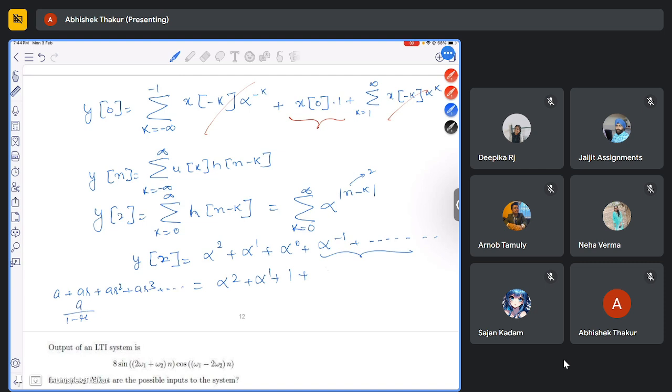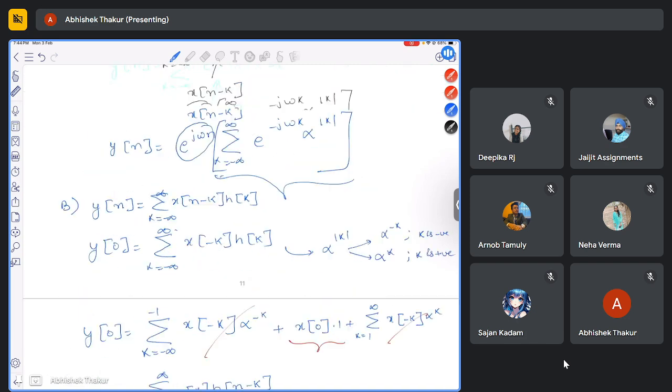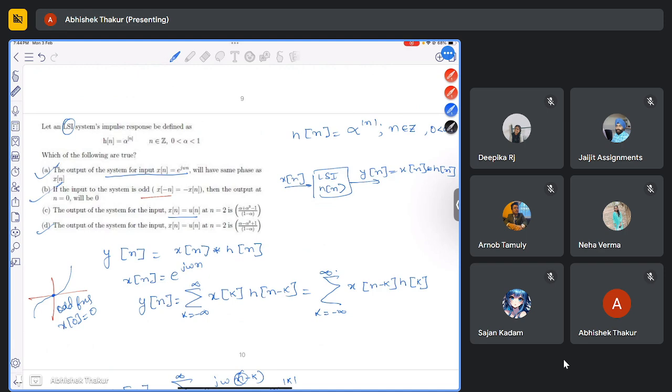So here this will become alpha by 1 minus alpha. So what is the correct answer? When you solve it, option D is the correct answer for this question.